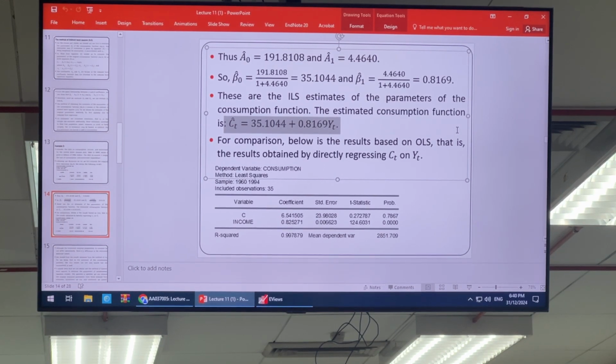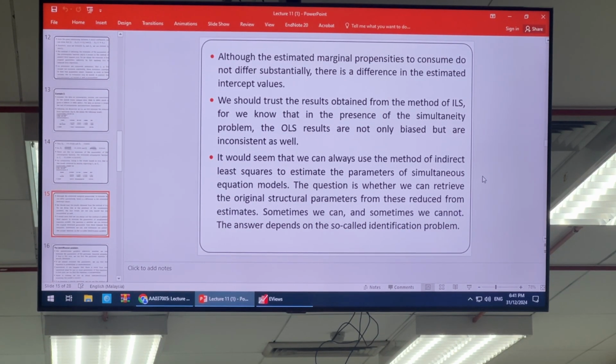So for comparison, below is the result of ordinary least square. If you simply regress C against Y, you get a different estimate, but this one is not that reliable, because of the presence of simultaneity just now. So if you simply regress consumption against income, you get this one, but the result is not that much different for this given example. Although the estimated marginal propensity to consume does not differ substantially, there is a difference in the estimated intercept value.